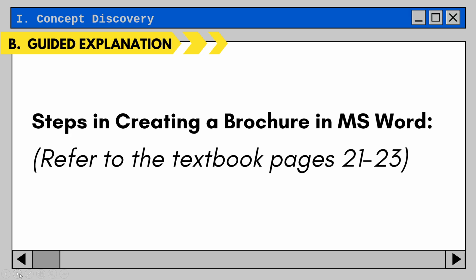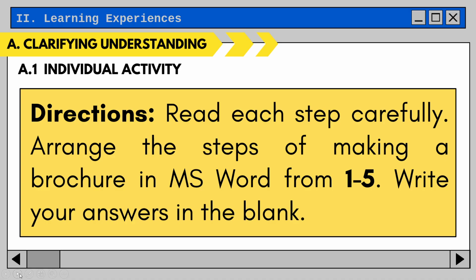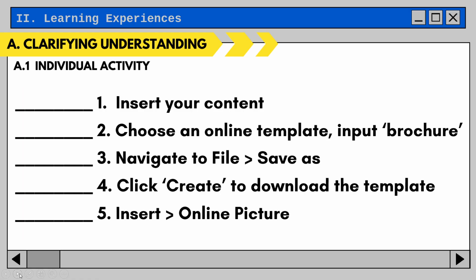Now, teacher, how can we create a brochure in MS Word? You can refer to your textbook on pages 21 to 23, but I am going to show you the steps here that we have in your clarifying understanding. Actually, in your LAS, you're going to answer this one from 1 to 5. You're going to arrange, okay? So, let's see first what this is all about.